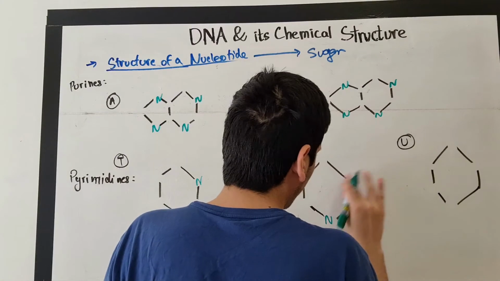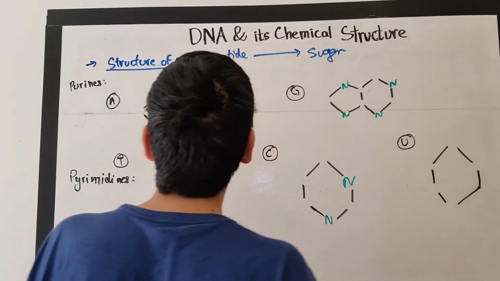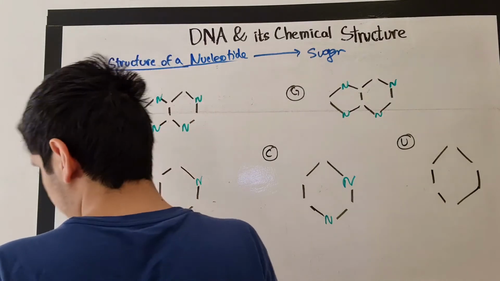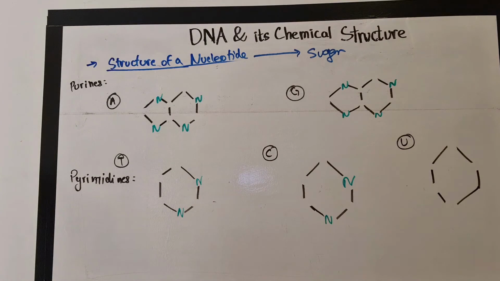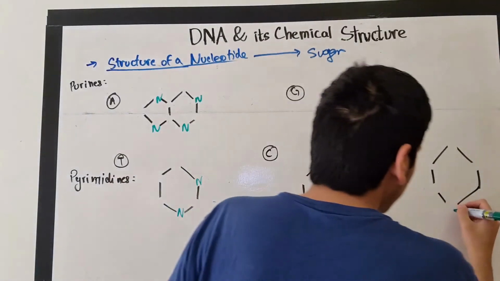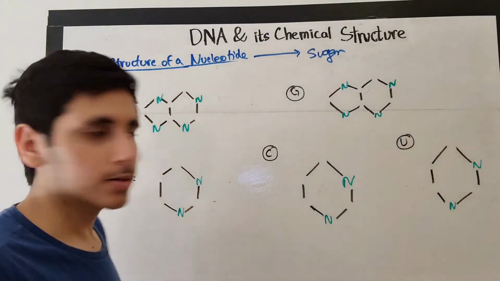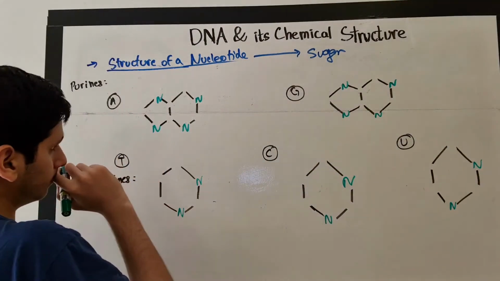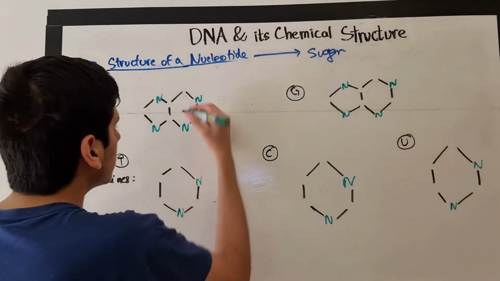So nitrogens are usually placed at positions 1 and 3 in the, or sorry, not 1 and 3, actually it's right, yeah, they're placed 1 and 3, because I was thinking they go clockwise, but yeah, so 1 and 3 in pyrimidines, okay? And so 1, 2, 3, okay?